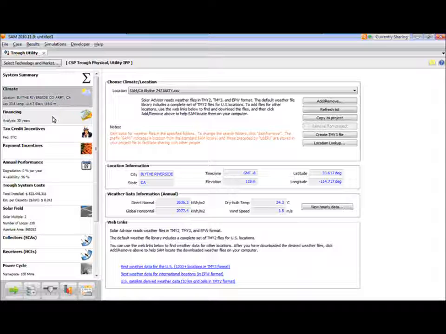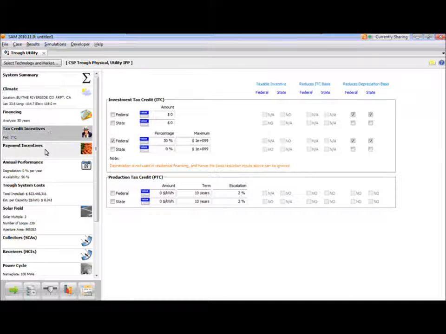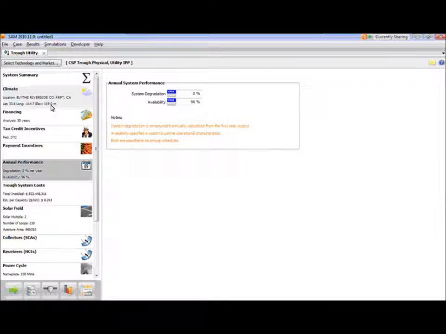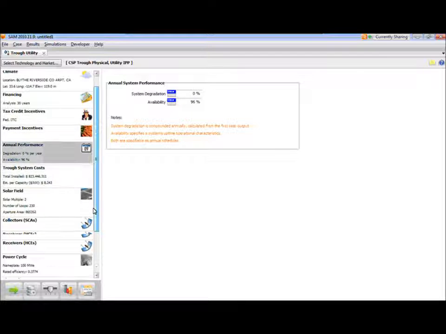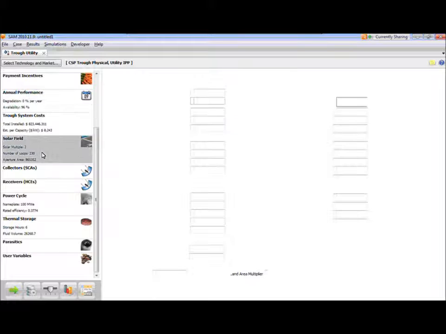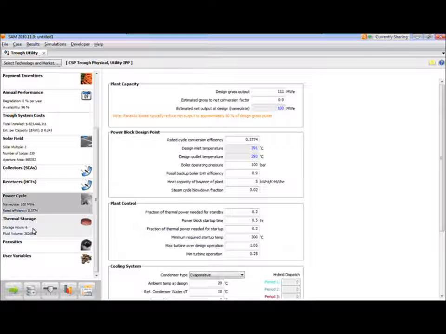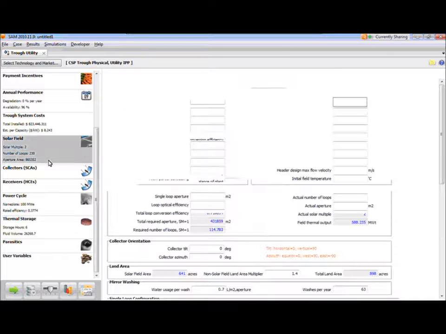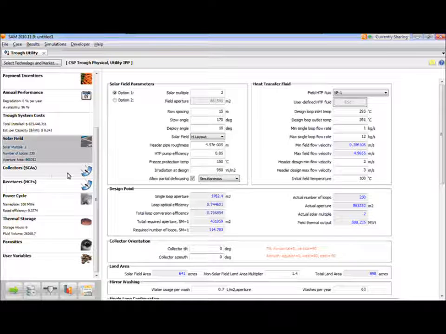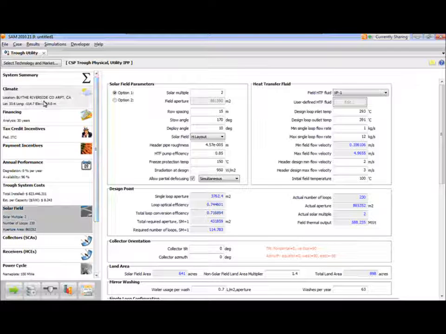The climate, financing, incentives are the same as for the PV system. And then the input pages further down for specifying the system are pages appropriate for the parabolic trough system. I won't get into those details just yet because I'm still focusing on the financing portion of the model.